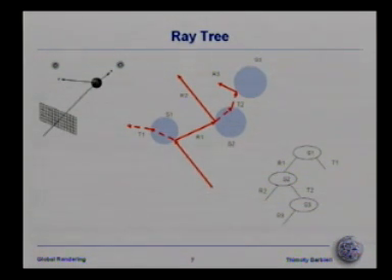What does it mean? It means that this method is heavily dependent on what? On the surface being ideally specular.